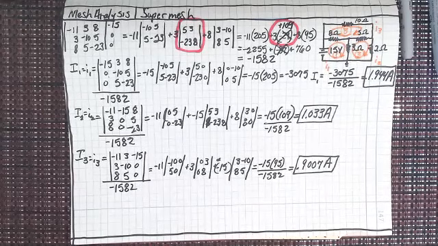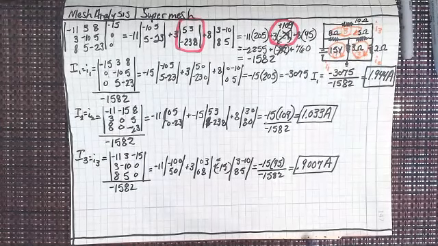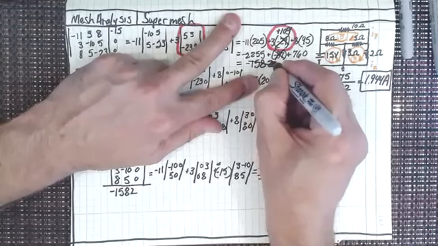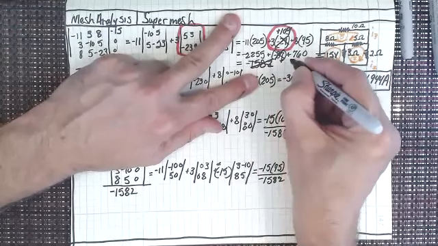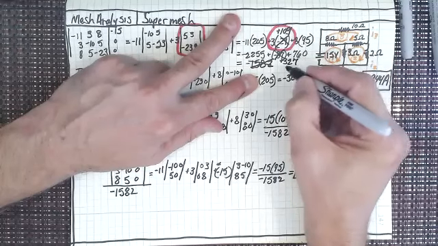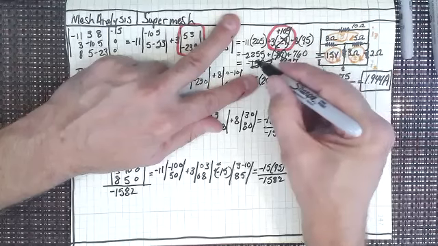So 3 times 109 is 327, and it's positive. So let's cross that out. This should be a plus 327. And so adding these together would be 1,087.